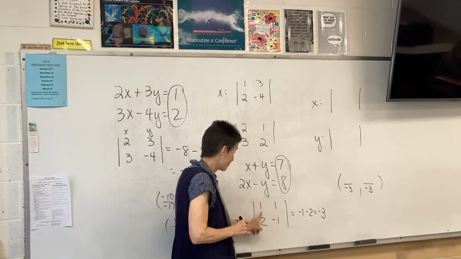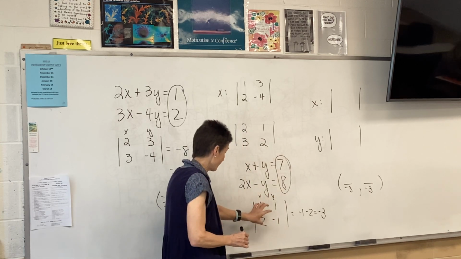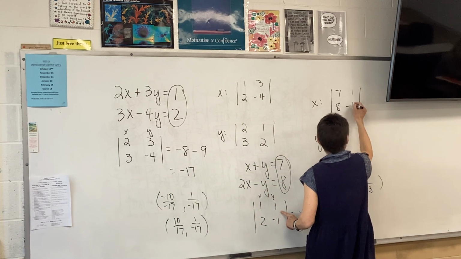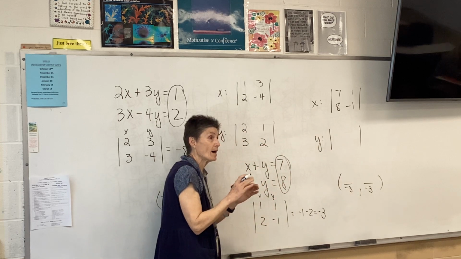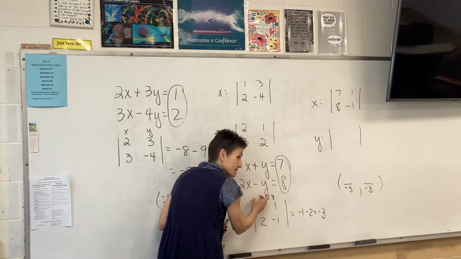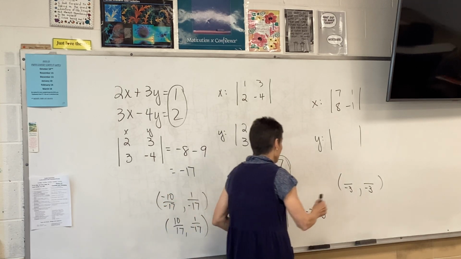So the 7 and 8 are gonna go here. These are the x numbers, these are the y numbers. So I'm putting the 7 and the 8 here and leave the 1, -1. Now notice I'm not switching anything around. I'm cutting these out and pasting them on top of the x numbers. Then I'm gonna cut them out and paste them on top of the y numbers.